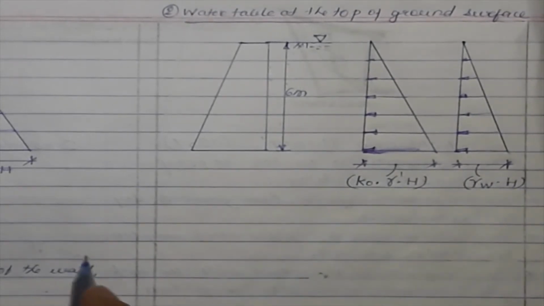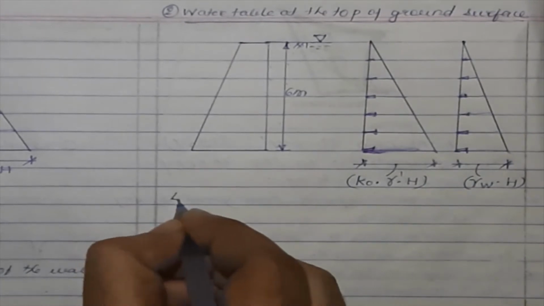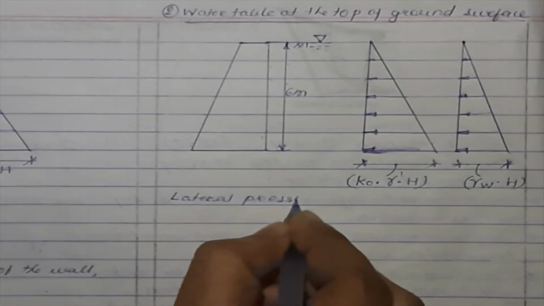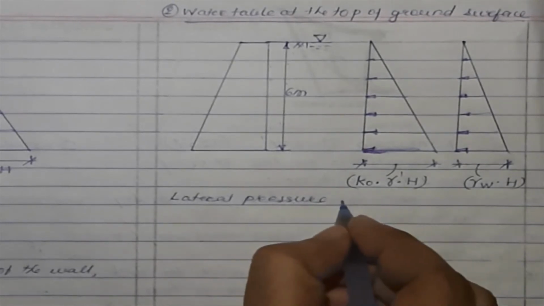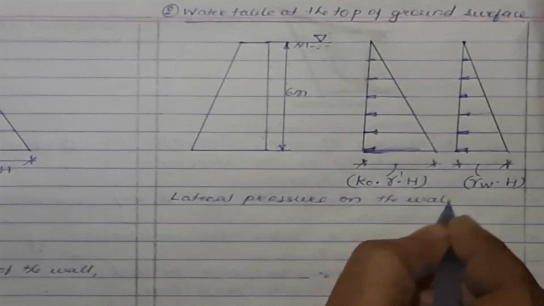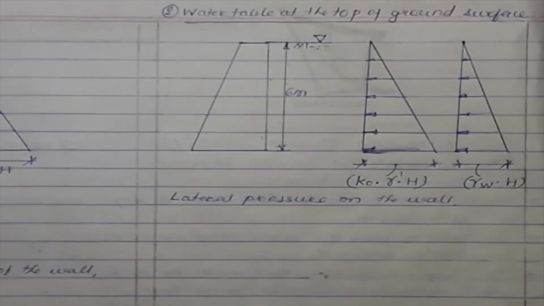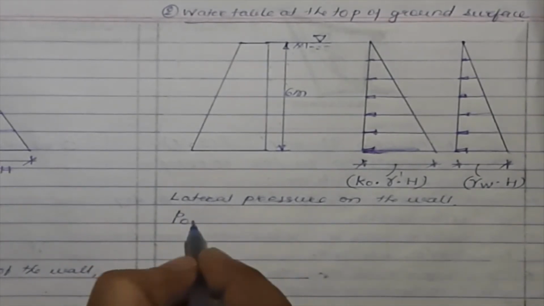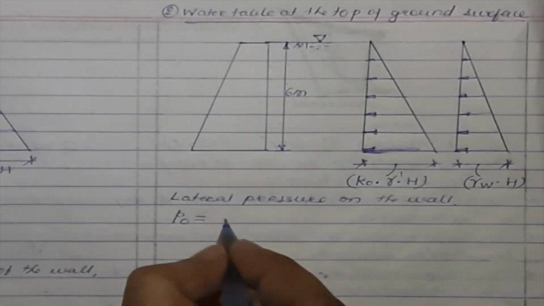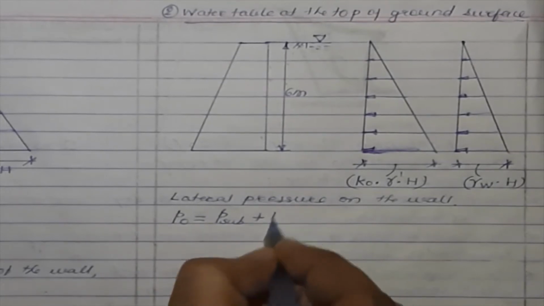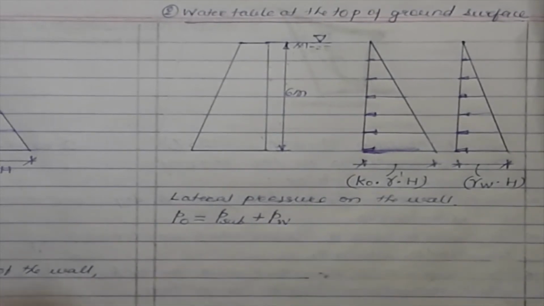Now the lateral pressure on the wall, this we want to find out. So P0 in this case would consist of pressure due to submerged unit weight of soil plus pressure due to water.